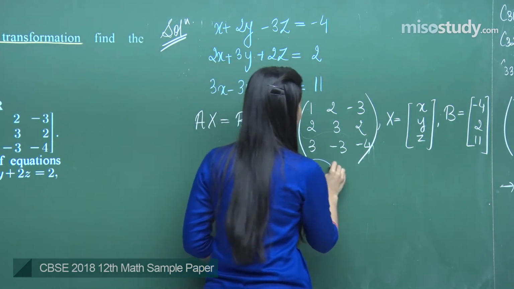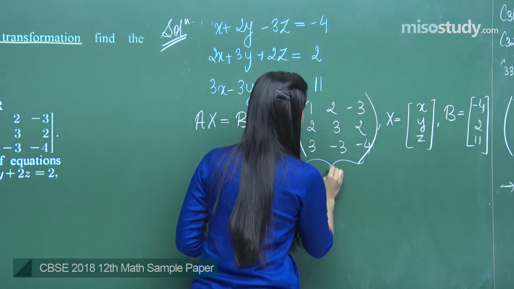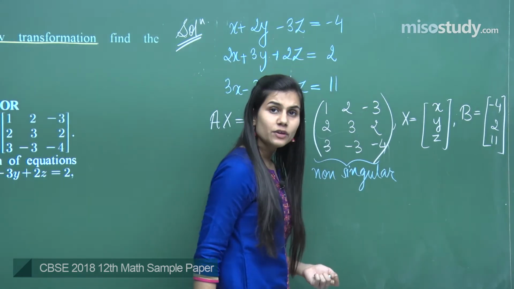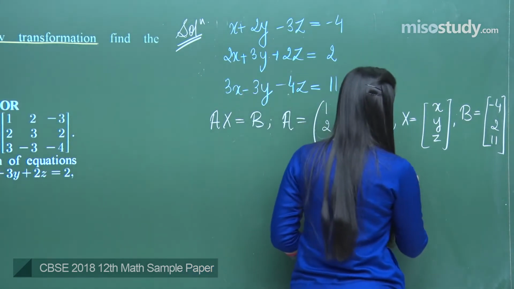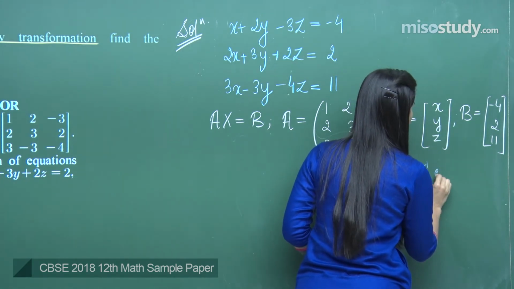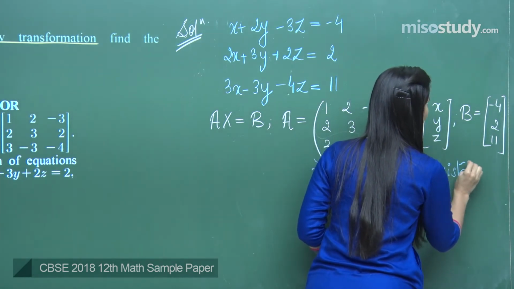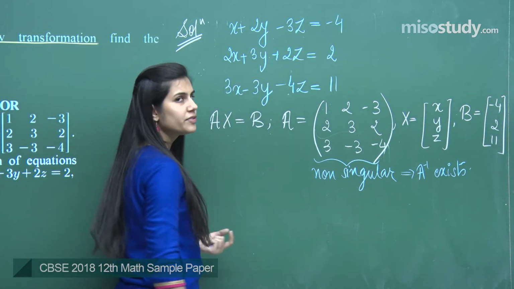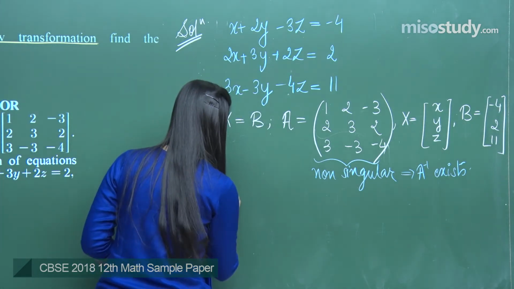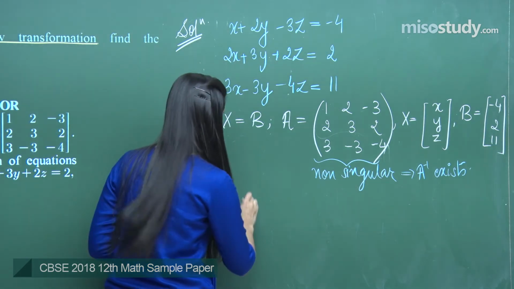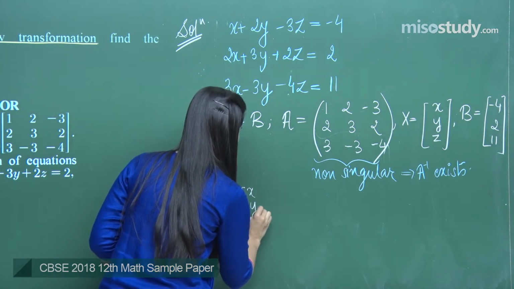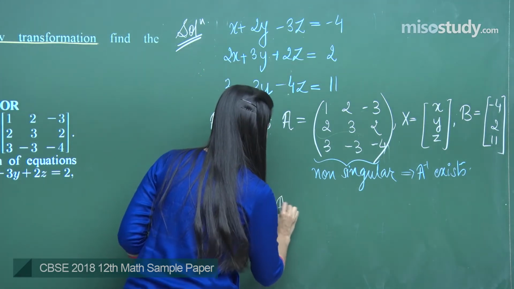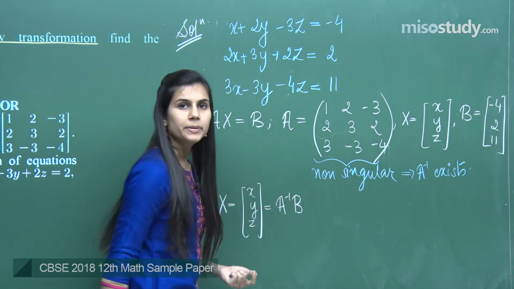Also I know that this is non-singular because its determinant was 67, which is not equal to 0, and this implies A inverse exists, which we have just found. Therefore the solution of this system of equations is given by X, which is nothing but A inverse B.